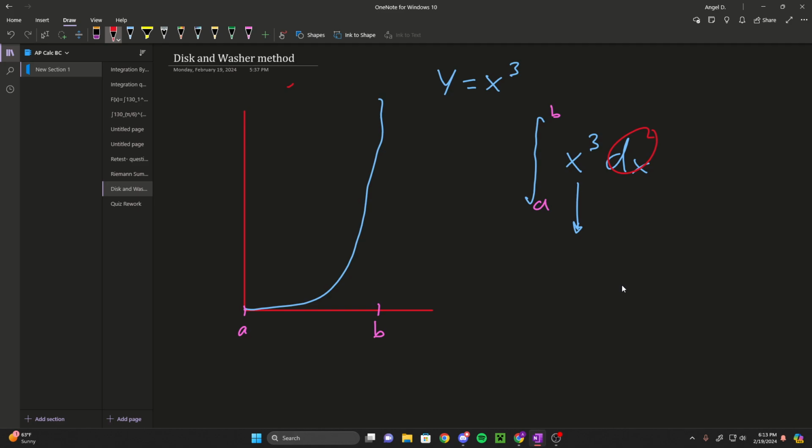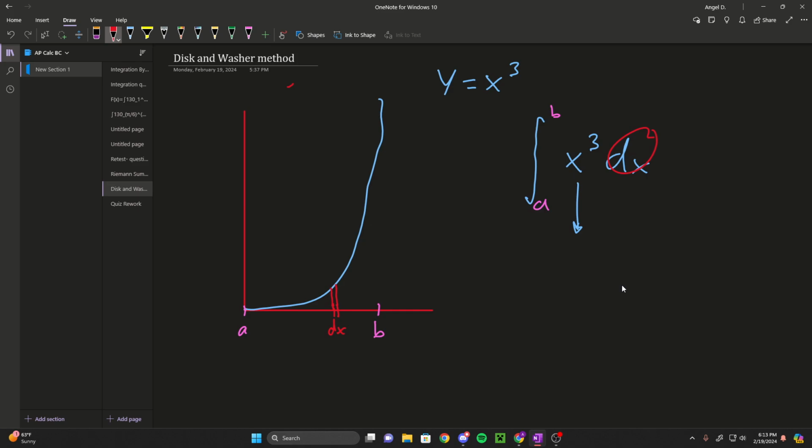Well, dx basically just means that we're going to take an infinitesimally small piece of this graph, an infinitely small piece. And that will be our dx. It's a very, very tiny piece.